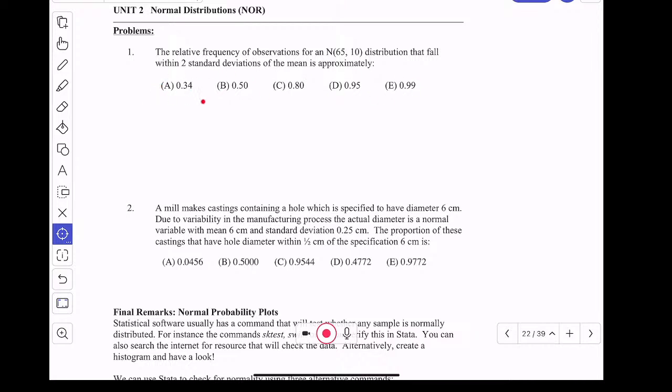Do you need to make calculations or can you just pick one? Right, so it's just D. So you don't have to do anything.